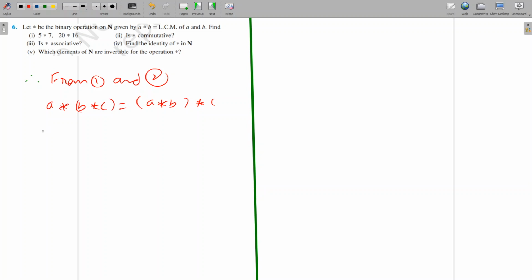That means, therefore, star is associative.